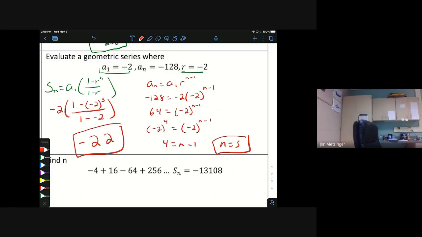Wait, let me see how you're trying to type it. You want something like this. You got your parentheses. Alpha, y equals, enter, and it makes that. And then put everything else in the middle.